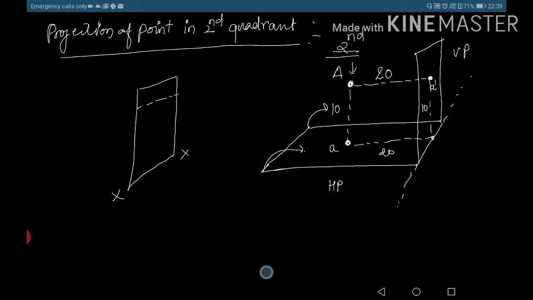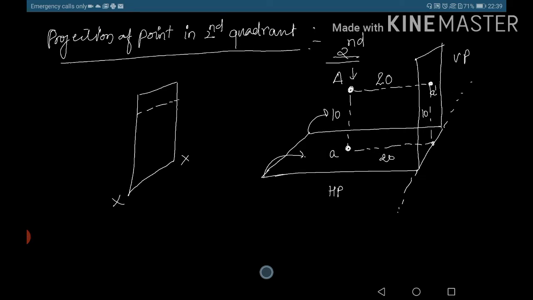So 20 distance is on HP, and 10 distance is on VP. A dash, let's say this is 10.